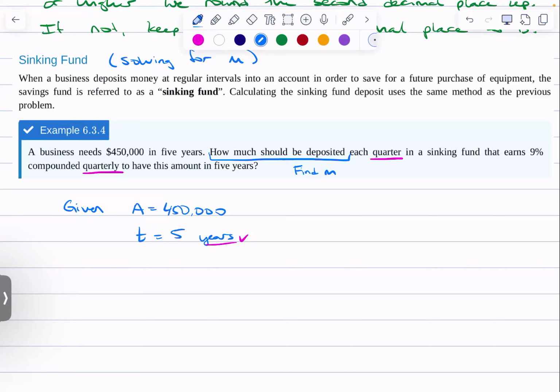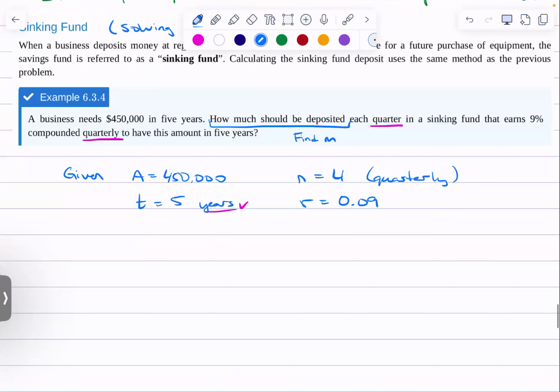Let's see here, 5 years, each quarter, so N is 4, quarterly. And R is 0.09.